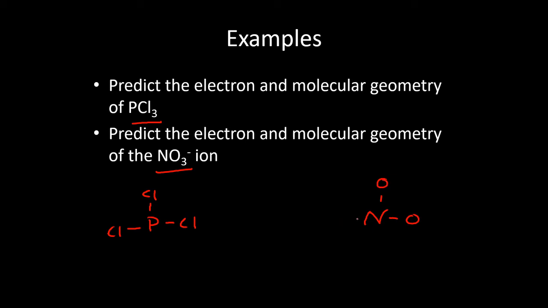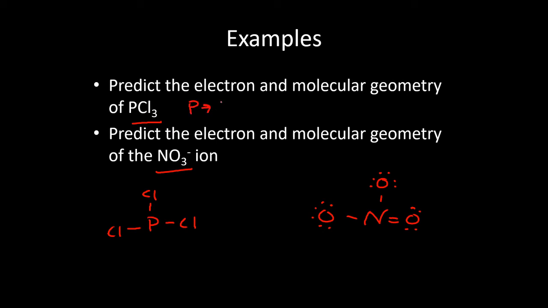We worked out the Lewis structure for nitrate, and I'll just make this one the double bond this time. This was the Lewis structure for nitrate from the previous slides. PCl3 we did not work out, but this is our skeletal structure. Make it as symmetrical as possible.